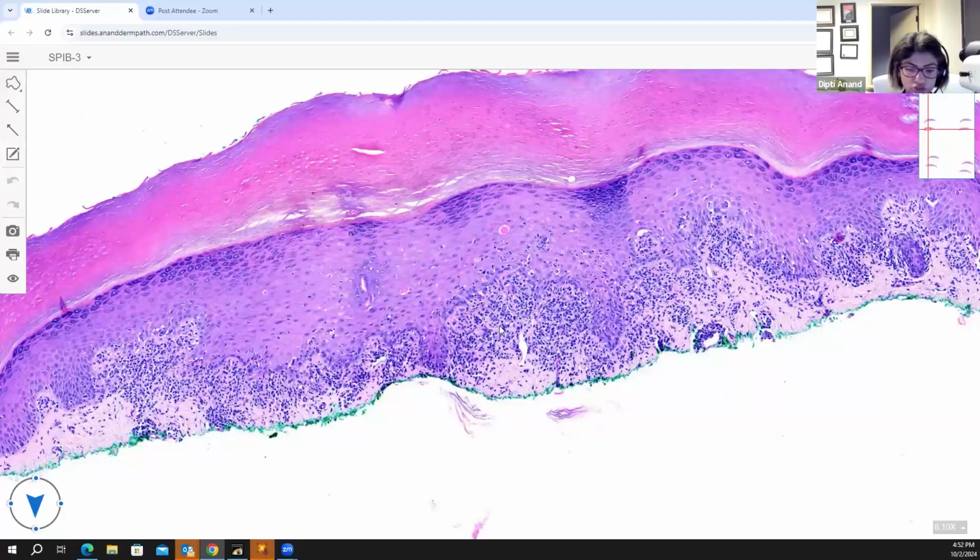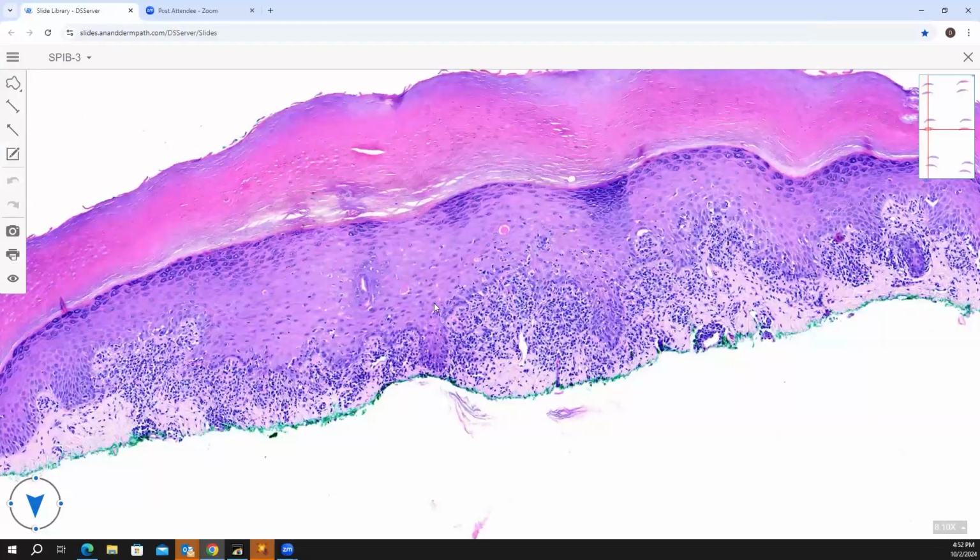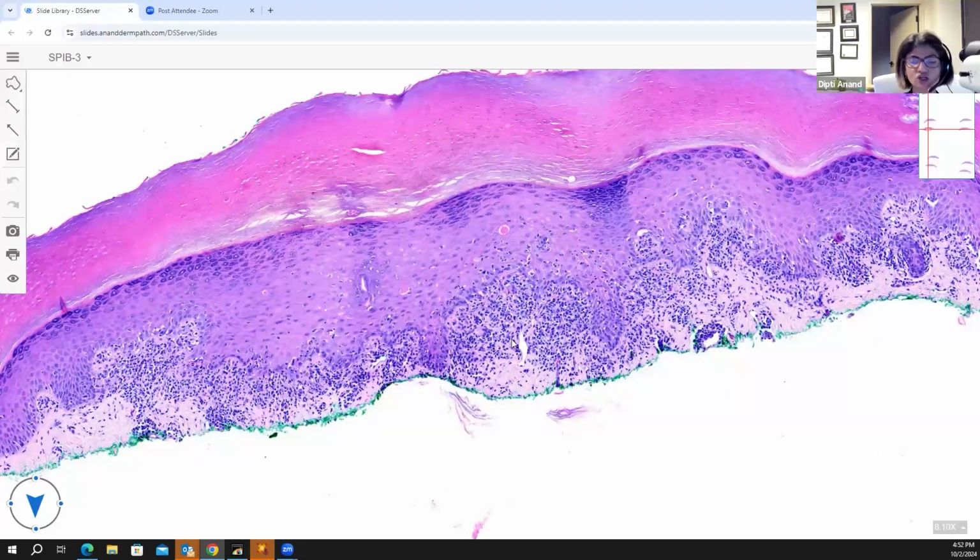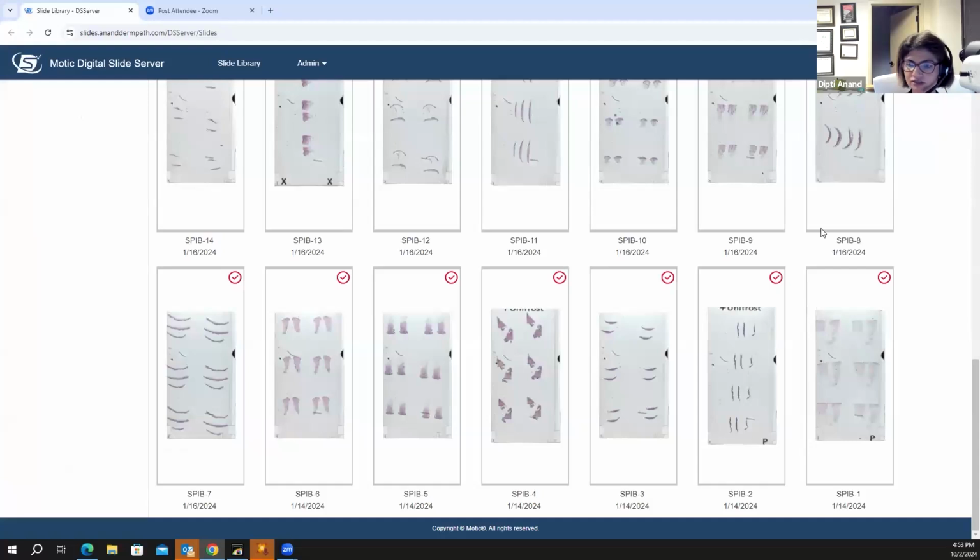Yeah. And do you see all the recognizable features? Yeah, I'm seeing the wedge-shaped hypergranulosis there, the lichenoid infiltrate. Yep. So this has the most classic features of LP, the beautiful irregular sawtooth acanthosis. You can see the cytoid bodies even from here. And you see the beautiful wedge-shaped hypergranulosis and the hyperkeratosis. This is a lesion of LP, right?